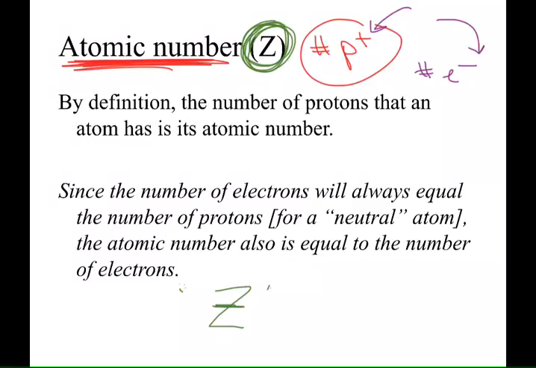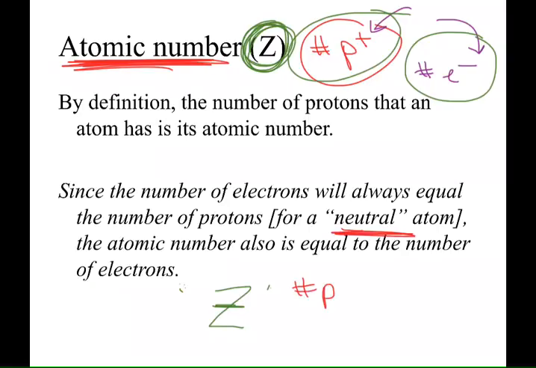And an important thing is that if within an atom you have the same number of protons and the same number of electrons, then the charges cancel out, so we say that the atom is neutral. So as long as we have a neutral atom, that means the number of protons is equal to the number of electrons, right?